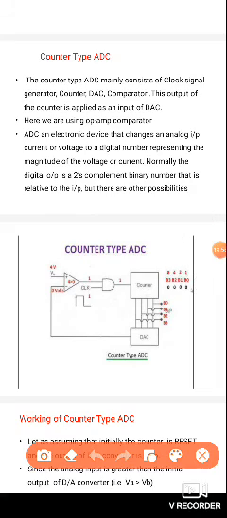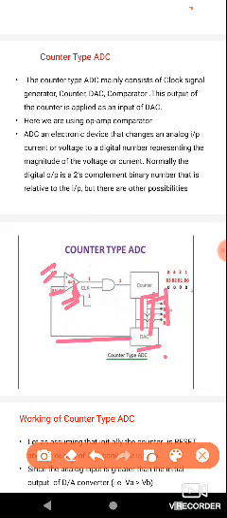This is the output of the digital to analog converter, which is applied to the op-amp comparator. The comparator takes the analog input voltage as well as the digital to analog converter output voltage. First, the output of the counter is applied to the input of the DAC, and the output of the DAC is applied to the input of the comparator.